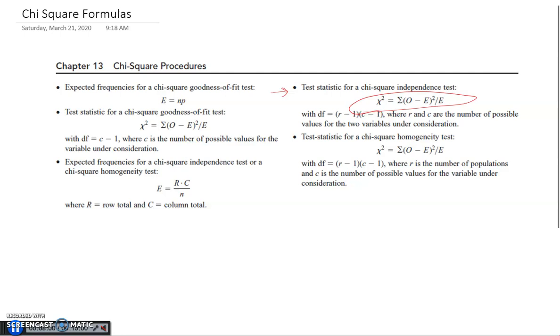But what changes, number one, look down here on this side. The first thing is how we find the expected value. This formula tells us to take the row total times the column total, divide by the number in the sample. So let's go back and see if that's what we actually did.